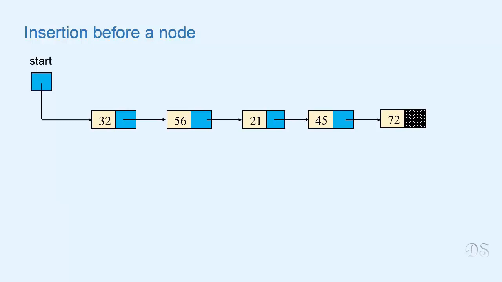Now let's see how we can insert a new node before a given node. Suppose we are given this value x and we have to insert a new node before the node that contains x. If x is 45, then in this list we have to insert a new node before this node. That means we have to insert a new node between these two nodes. And for that we need a reference to this node.